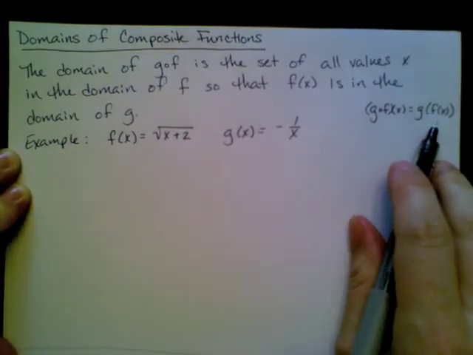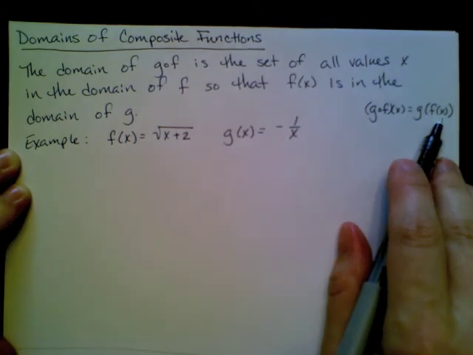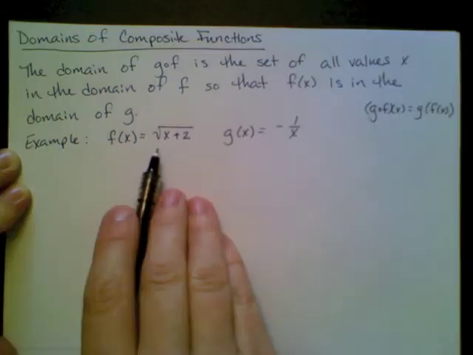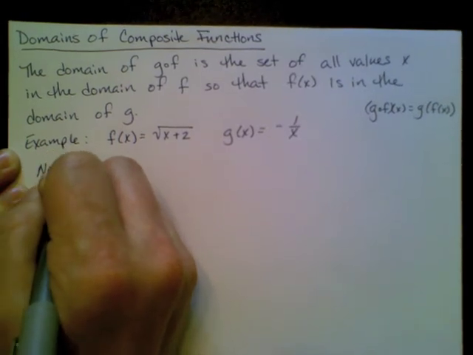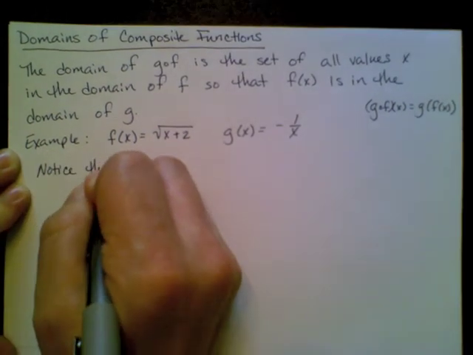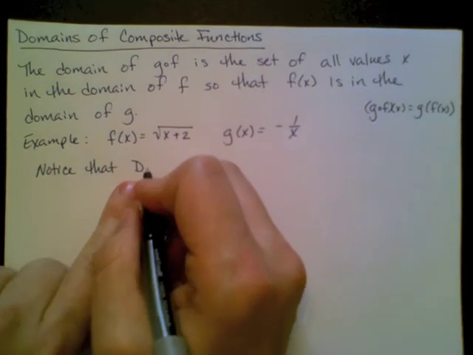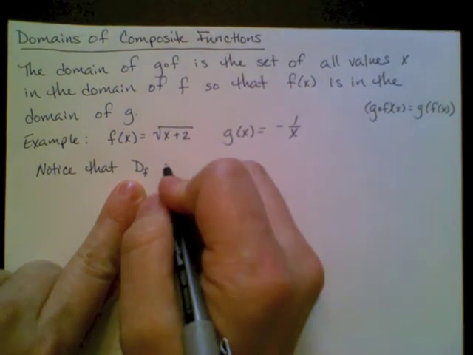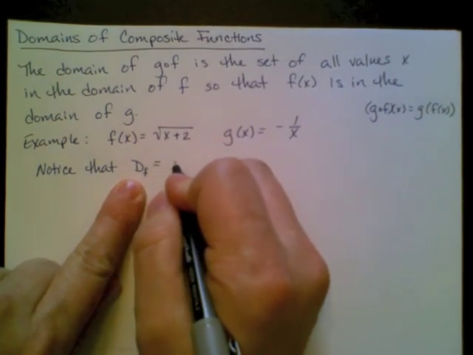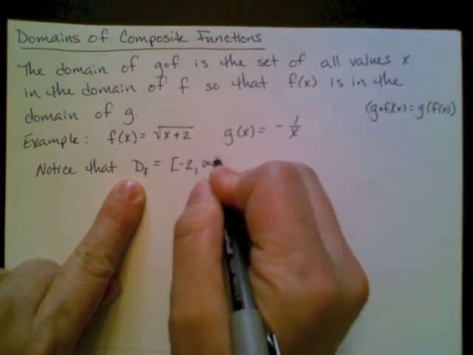So I really want to think of this from the inside out. So the domain of f, notice that we're going to use our usual notation of capital D subscript f for the domain of f, is the interval from -2 to infinity.